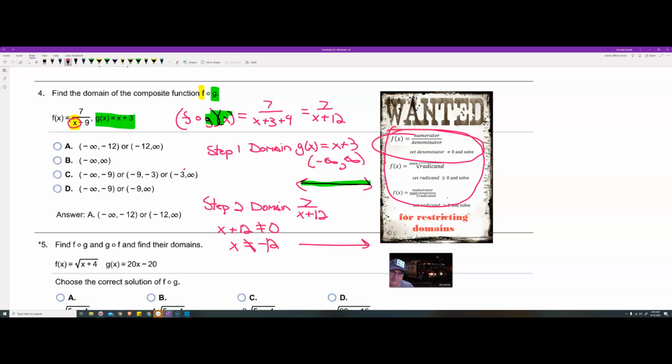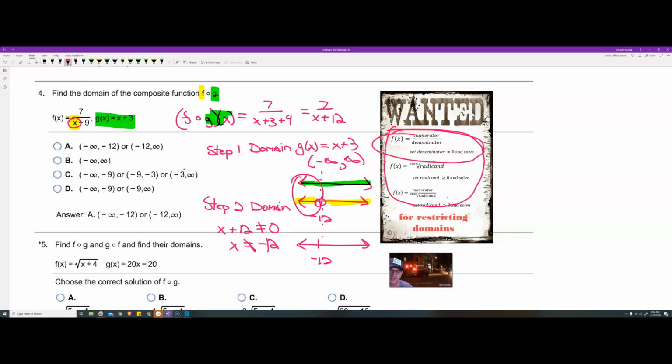So if I was to graph it, negative 12. Put a circle there. Let me do it up here so it's right underneath this one. Negative 12, put a circle. And then anything to the left of negative 12, anything to the right works. So look at the areas where they overlap. Green and yellow right there.